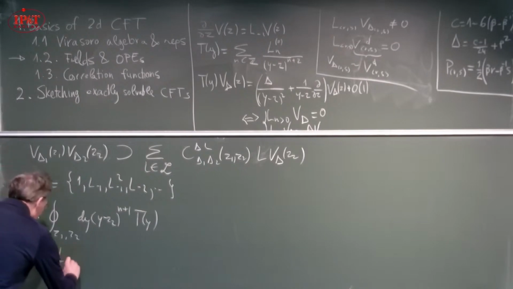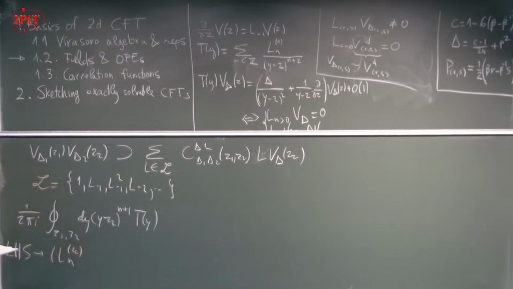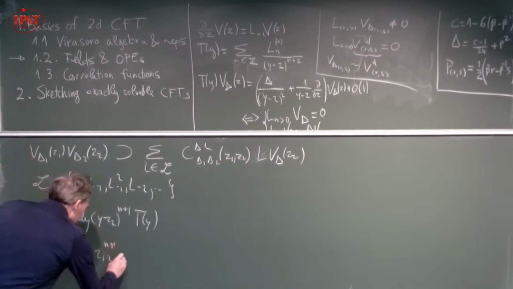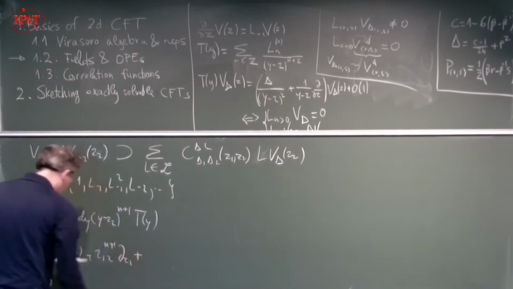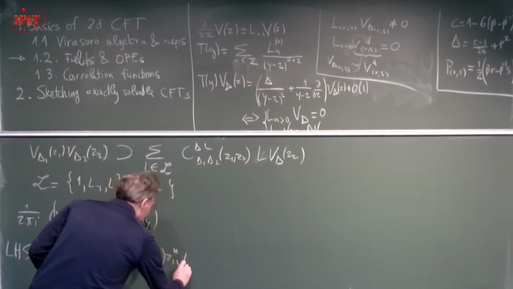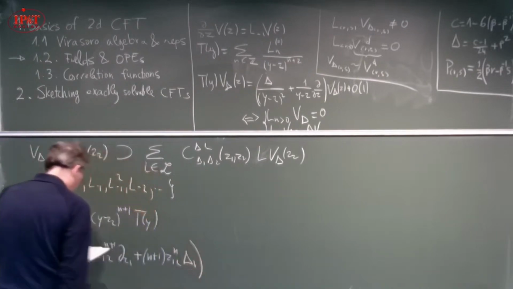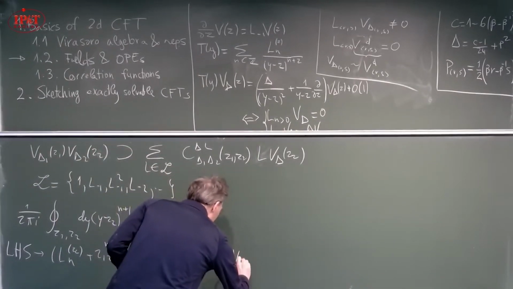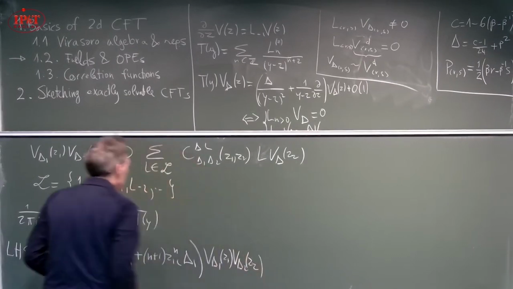So we had L_n acting on the field at z2 plus z12 to the n plus 1 L_{-1} V at z1 plus (n plus 1) z12 to the n delta 1, V delta 1 of z1, V delta 2 of z2.